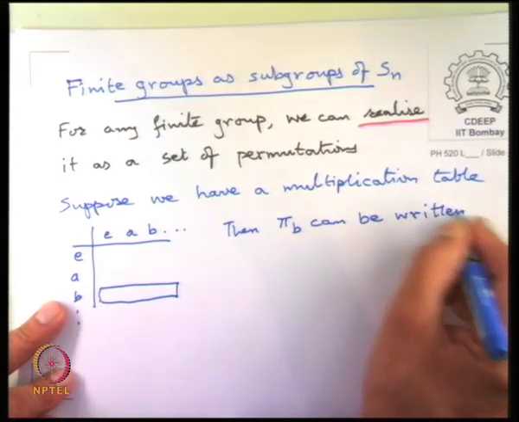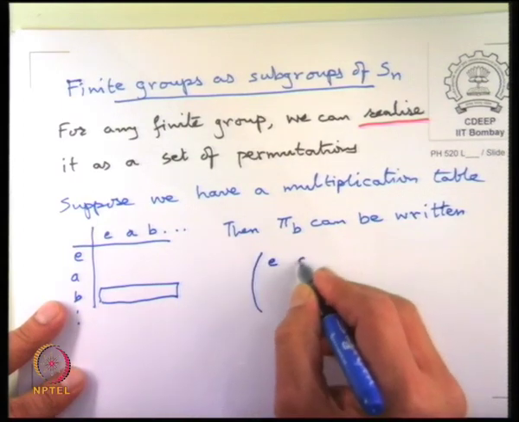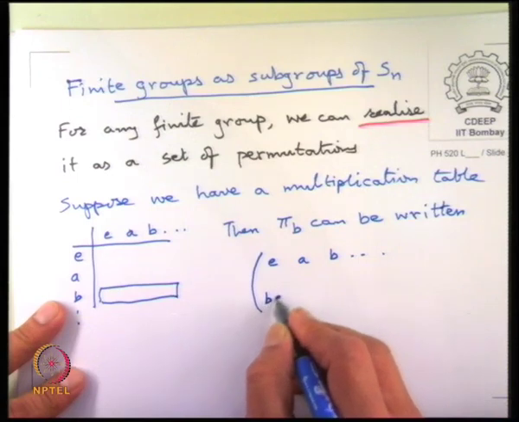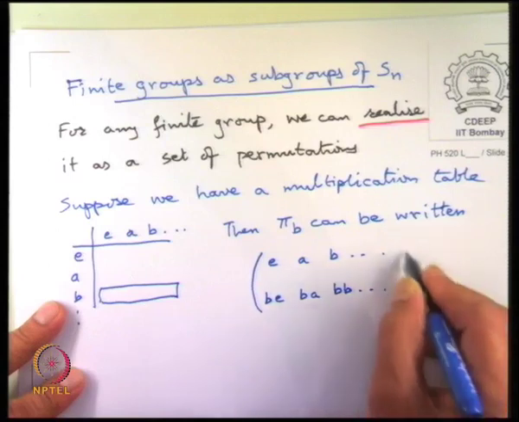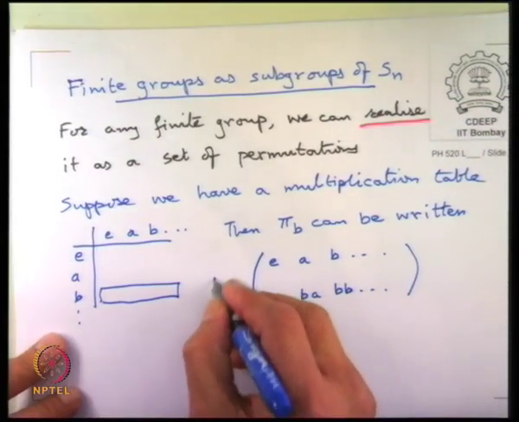In the notation we introduced last time, right, we introduced this notation for permutation group, that we write a top row and then write the effect that the permutation has in the second row. So we can represent the element B like this.